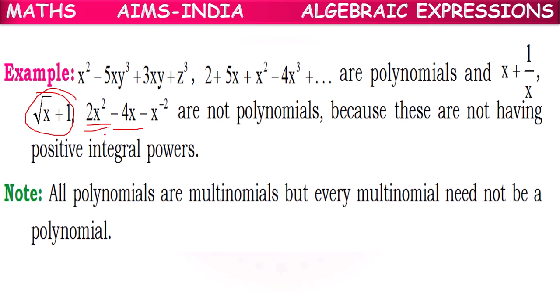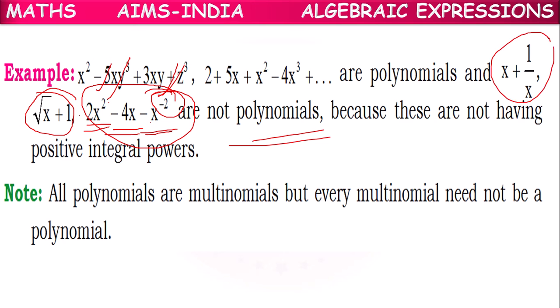So 2x square minus 4x minus x power minus 2. Here x square has a positive exponent, but here it is negative, minus 2. Some of the exponents may be positive, but if one exponent is negative, then the total expression is not a polynomial.